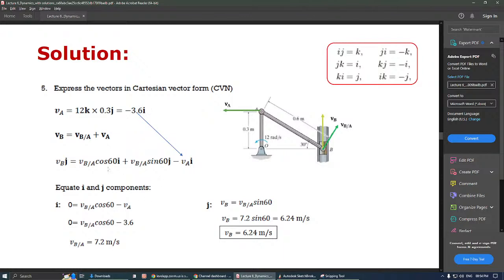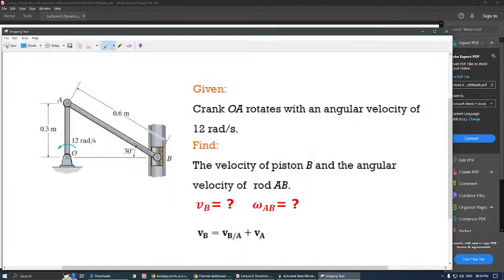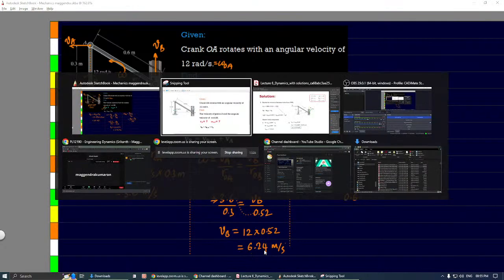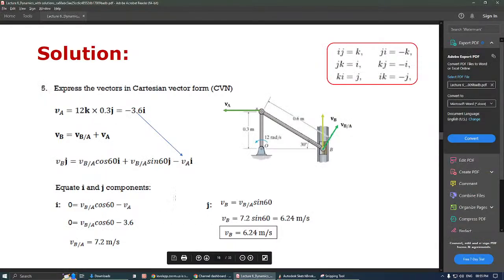Then velocity of B, 6.24. Velocity of B also we got correctly. So this question we have to use the IJK.